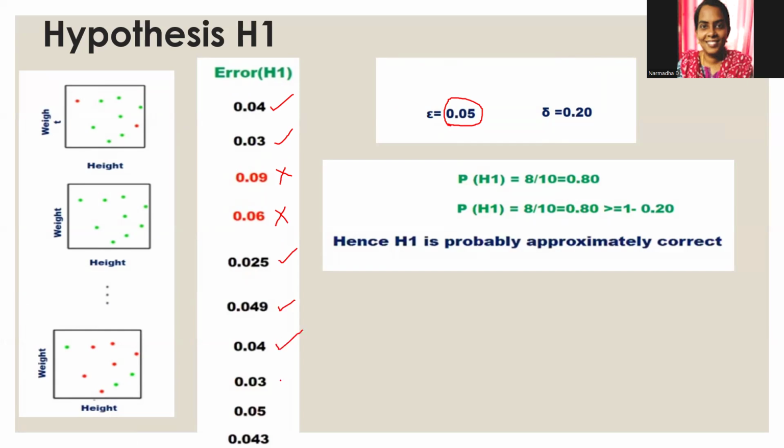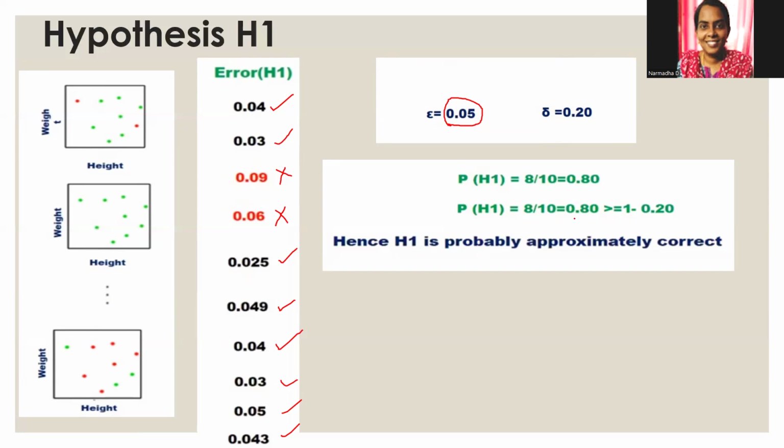Every other value is less than the error limit. Out of 10 different times, 8 times the model is able to get good accuracy with a lower error rate, but 2 times it had failed. So the probability of H1 is 8 divided by 10, which is equal to 0.80.